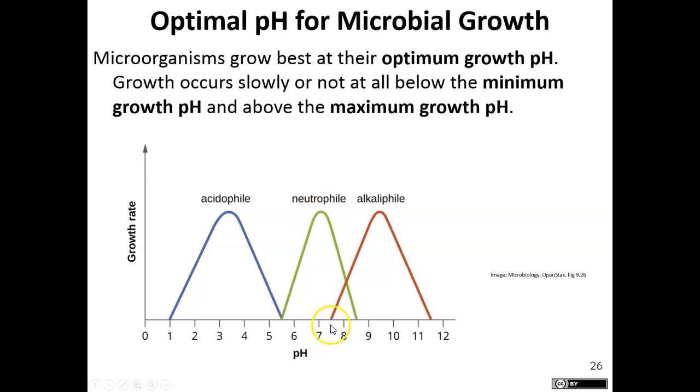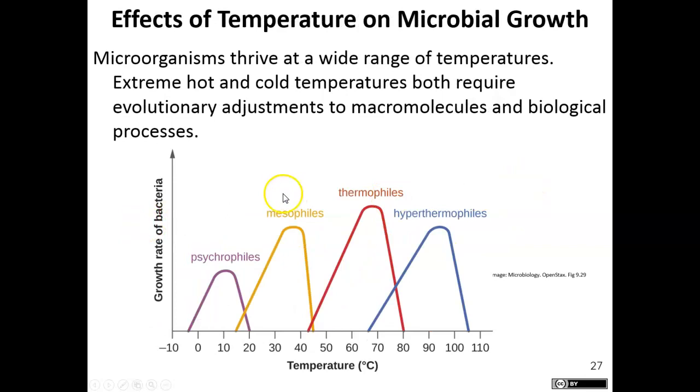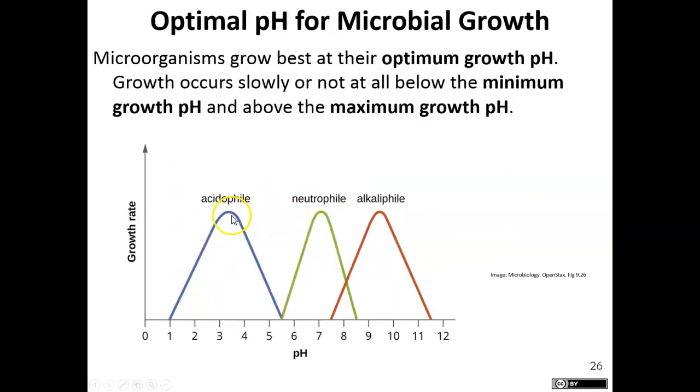And then we have alkaliphiles that have a range as well that overlaps the neutrophiles. So there's no big overlapping here, but that doesn't mean that an acidophile couldn't grow at a pH of 6. It's not going to grow as effectively at a pH of 6, okay? There are always exceptions to every rule. So optimum pH is just where they grow the best.